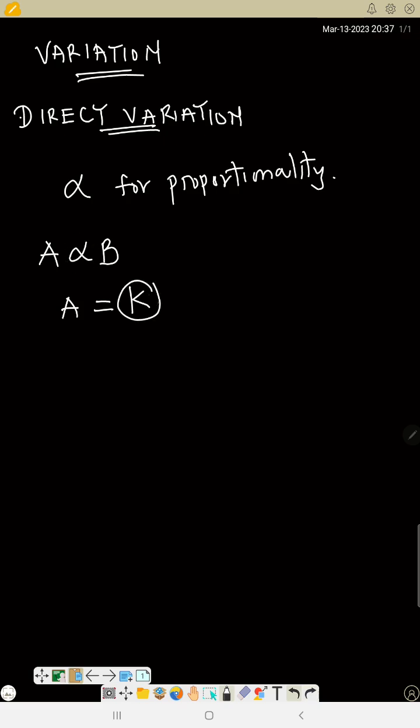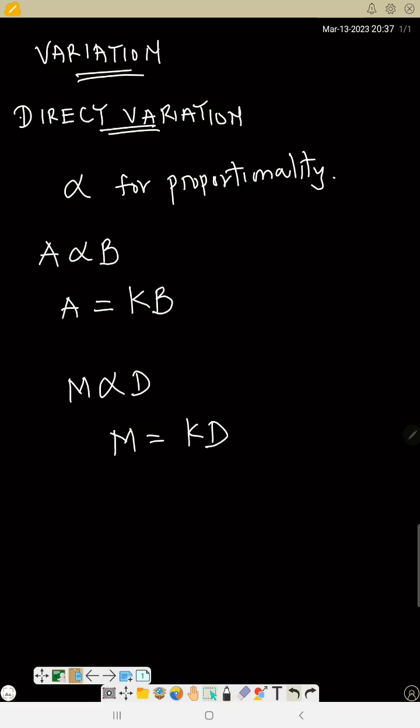It's not necessary that it's K, it can be any letter, but make sure it's a constant. We use K most of the time. So if I have M is directly proportional to D, this is the same thing as M equals KD.